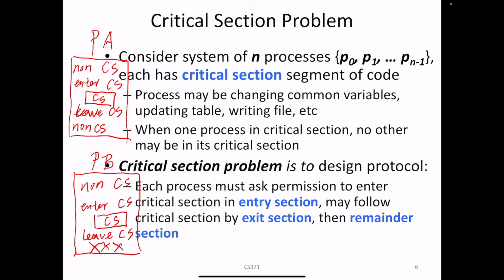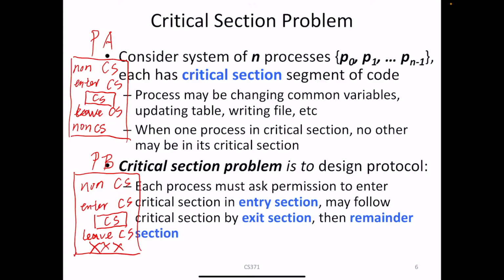The purpose of formulating the critical section problem is to design a protocol. Before getting into the critical section, each process must ask permission to enter in the entry section. When the process finishes manipulating the shared data, it is ready to leave the critical section and will be in the exit section.